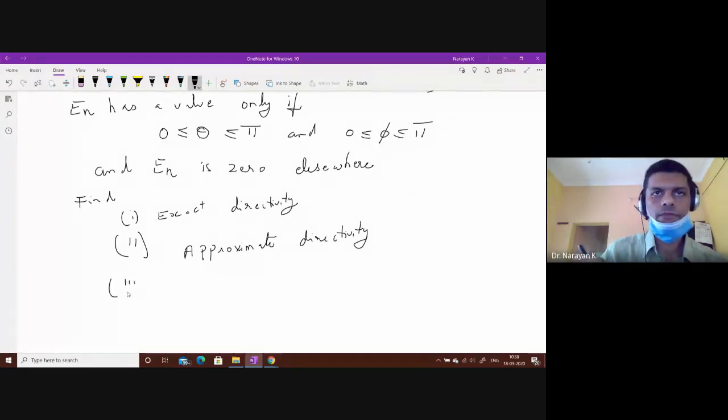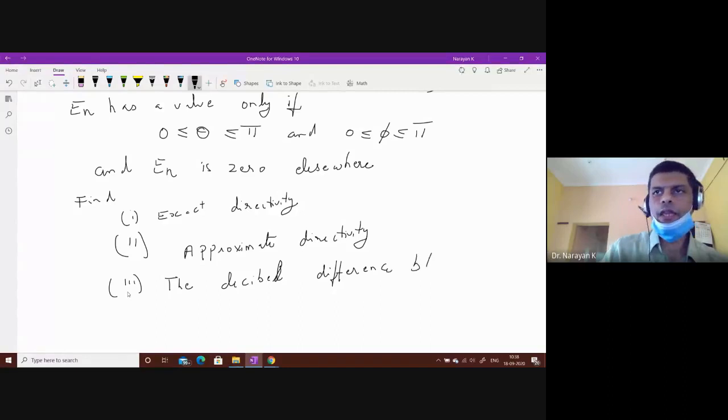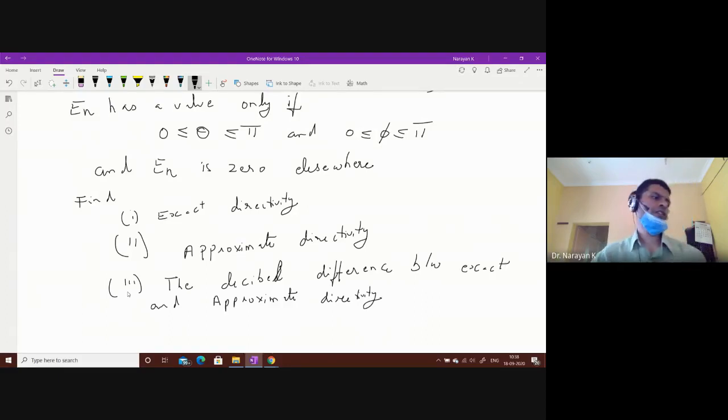Third, the decibel difference between exact and approximate directivity. This is one VTU question.